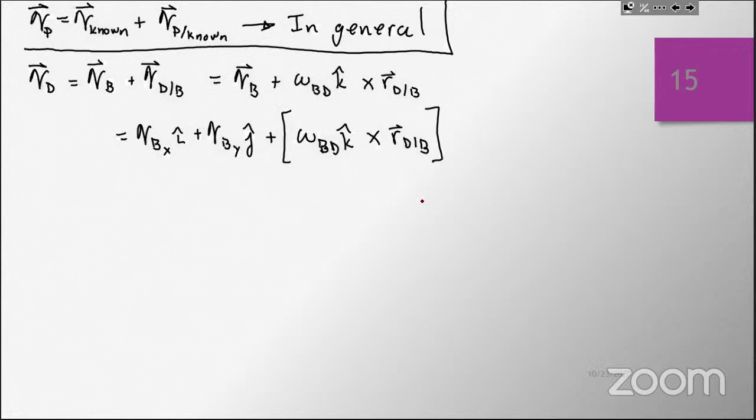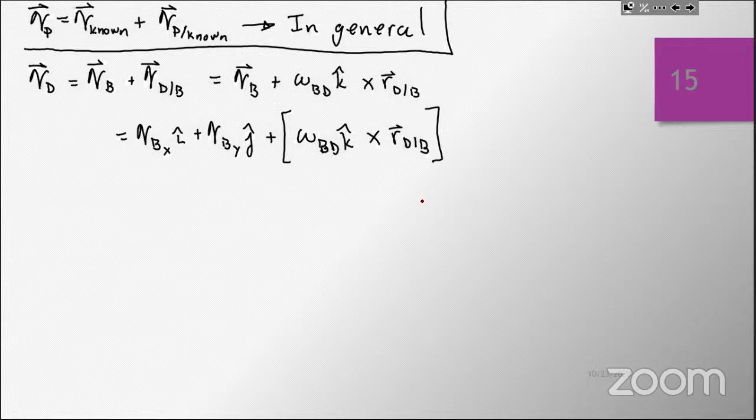So I know the velocity of B, and I know the angle that it takes place at, right? So I can break that into components. I can figure out VBX and VBY, which we'll do in a second. I can figure out R of D with respect to B, because remember, if I'm at B, how do I get to D, right?